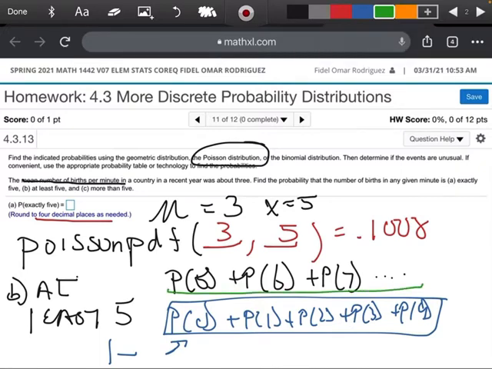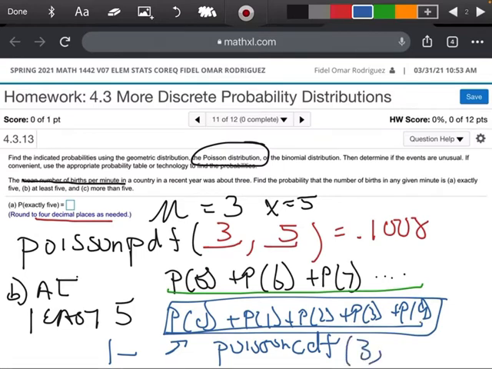And so the way that I'm going to find what I have here in the blue is I'm going to use my Poisson, but now I'm going to go CDF, okay? Because I want to add up all of them from 0 all the way to 4. So my average is still 3, and I'm stopping at 4, okay?